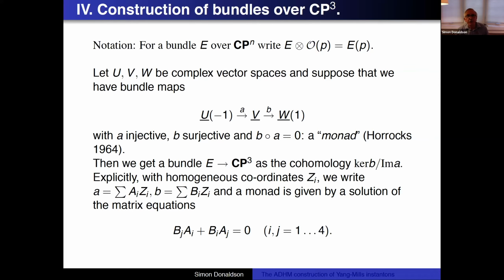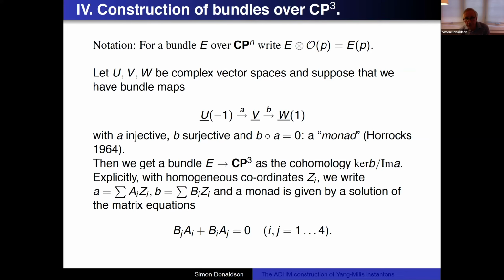So again, let's introduce a little bit more notation. If I have a bundle E over any projective space, we can take the tensor product with the line bundle O of P, and we just use the abbreviated notation E of P for that.